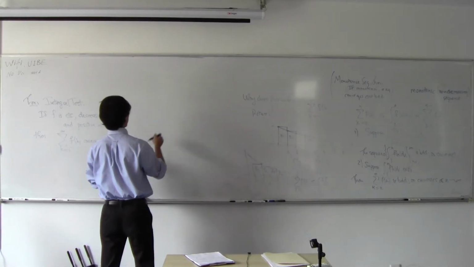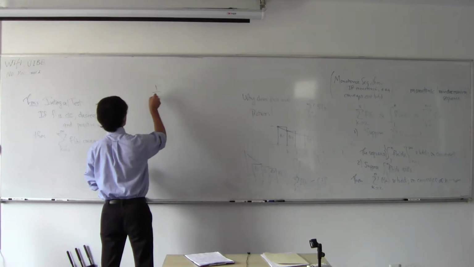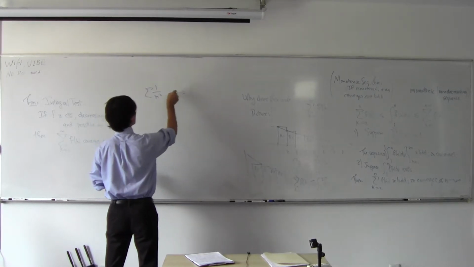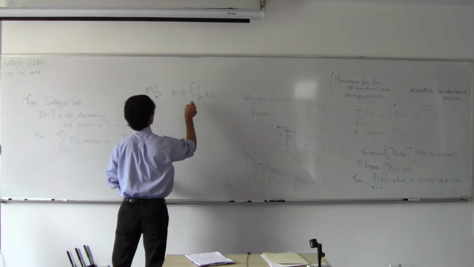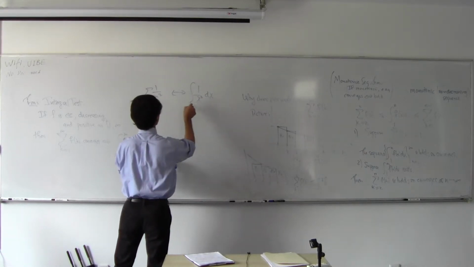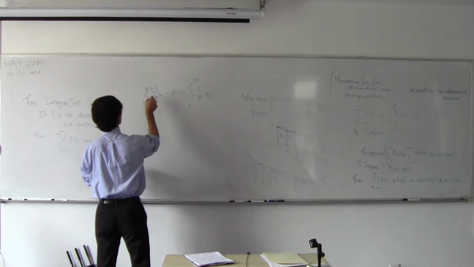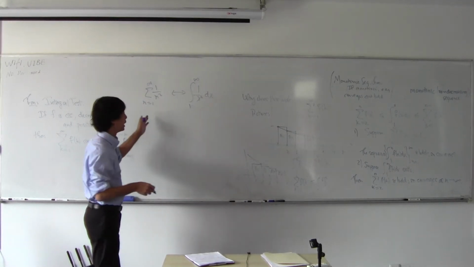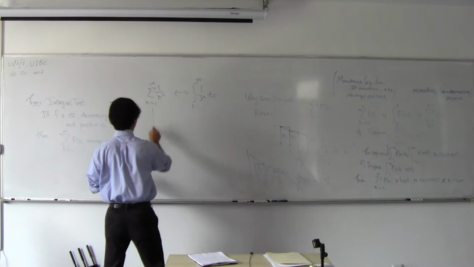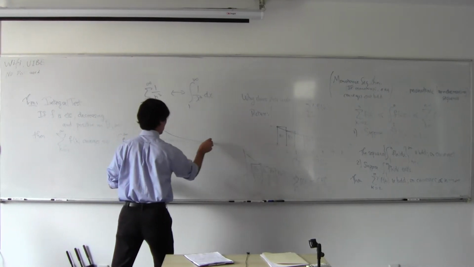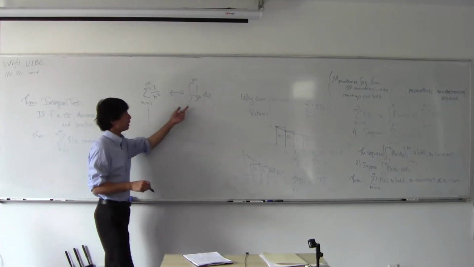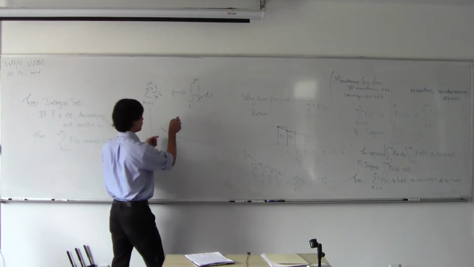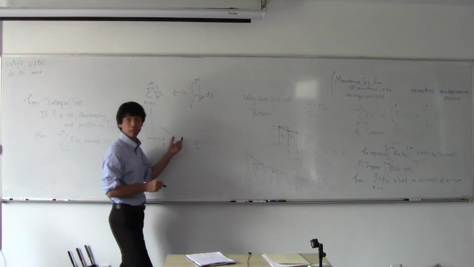If we look at, say, 1 over n squared, and that's related to this. If we look at this thing, here you've got 1 over n squared, like this, right? What we're saying is that the integral from 1 to n is bounded.